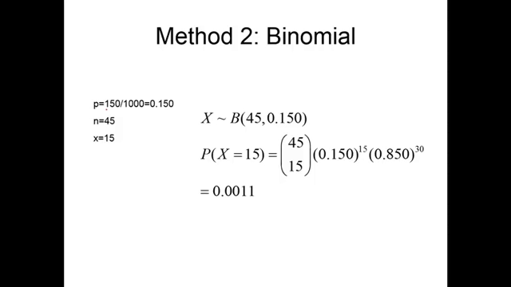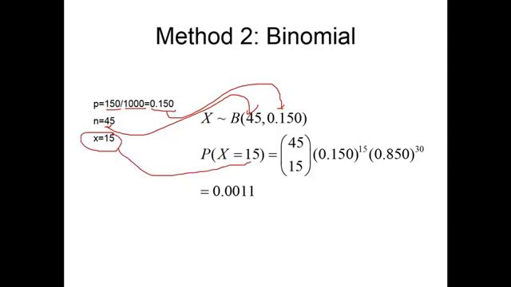We do the binomial. Again, number of successes divided by total population. You get a p equal to 0.150. Okay, we have a sample of 45. Goes right there. What's the probability 15 of these are defective?